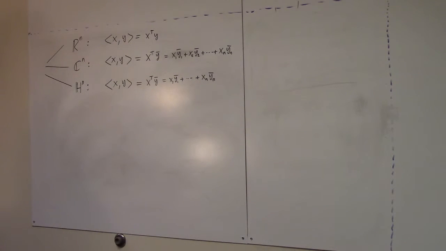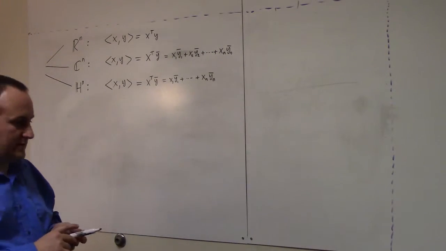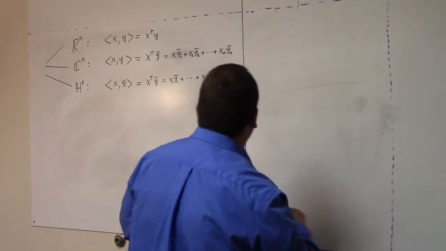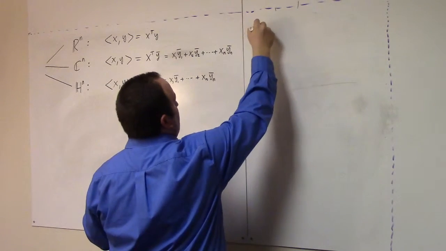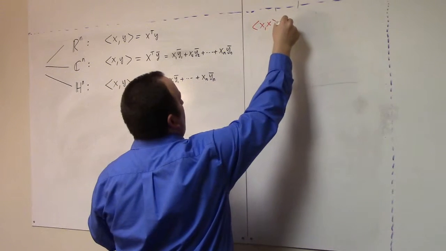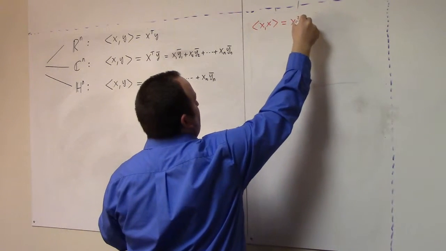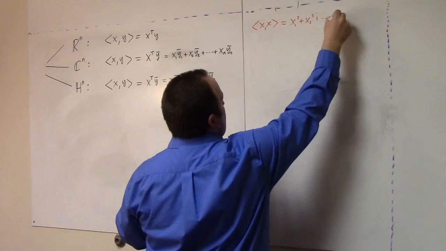I mean, each one of these, of course, you could calculate the length of a vector in terms of what? These are all very familiar. If you look at, for example, x with x, what do you get? You get x1 squared plus x2 squared, plus xn squared.